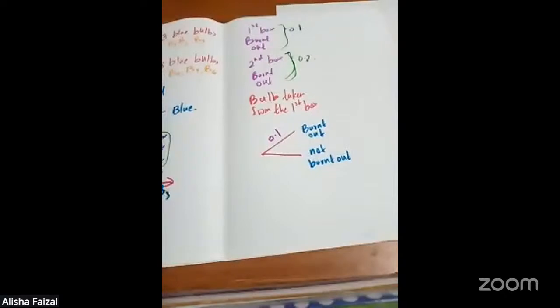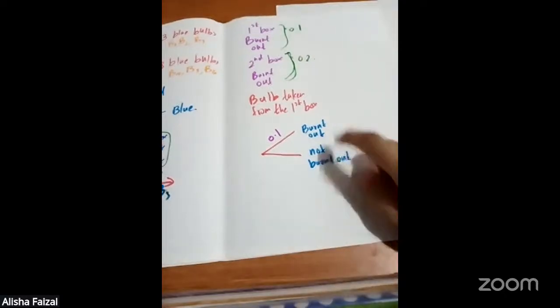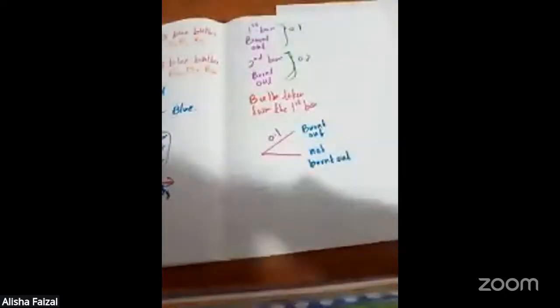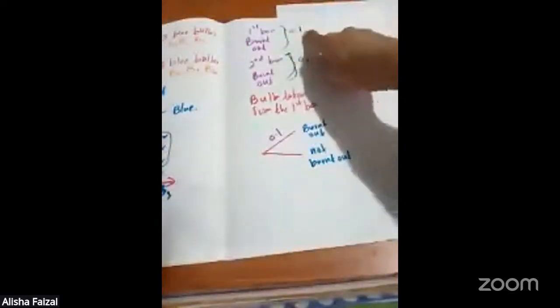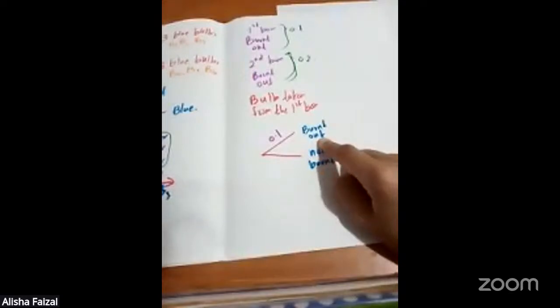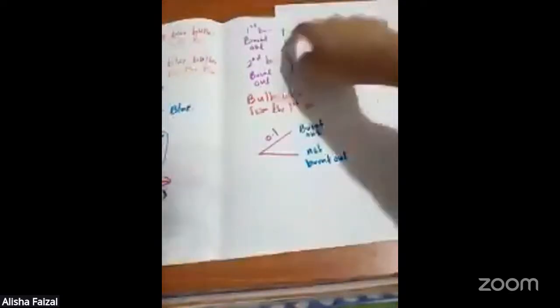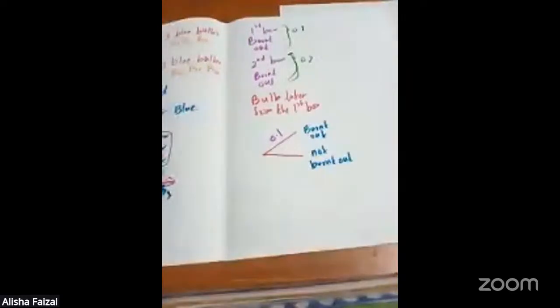Okay. So they have given burnt out, not burnt out. The bulb taken from the first box, the probability is 0.1 for burnt out. They've given that in the question, so we just need to write 0.1.